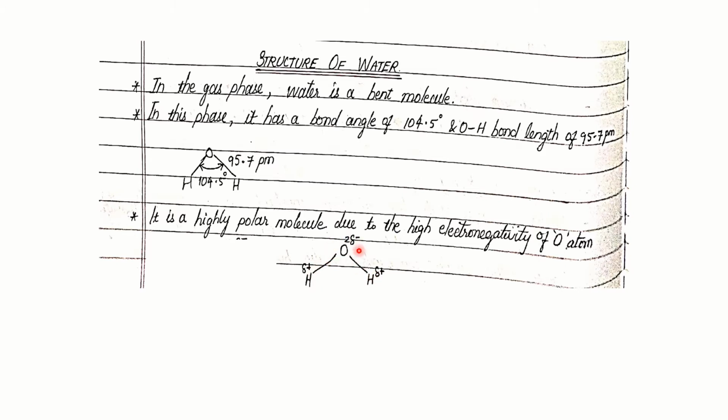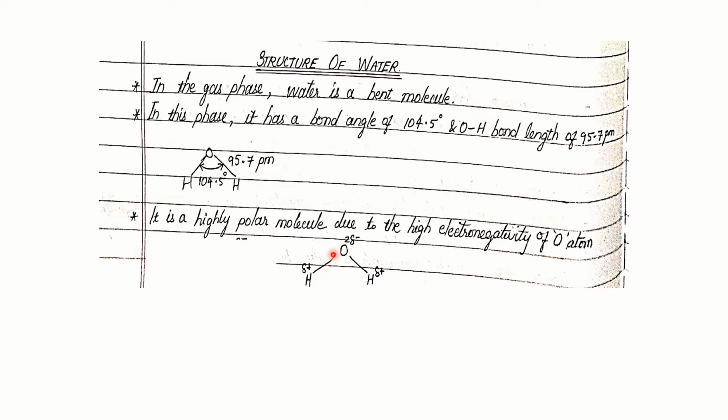Okay, we know oxygen is the second most electronegative element in the whole of the periodic table. So it has greater tendency to attract the shared pair of electrons towards itself. Okay, the electronegativity of oxygen is much higher than that of hydrogen atoms. So the shared pair of electrons in the OH bonds are attracted slightly towards the oxygen atom.